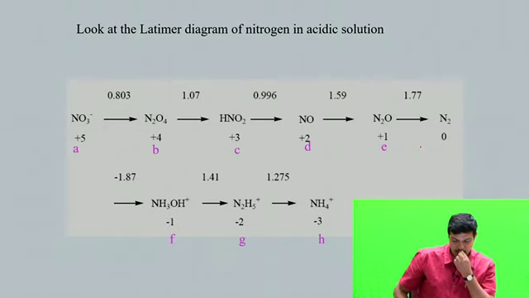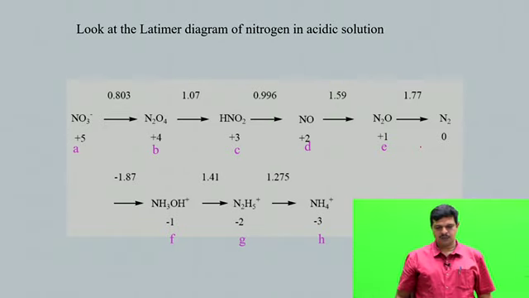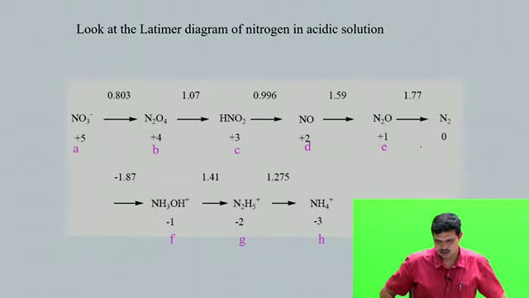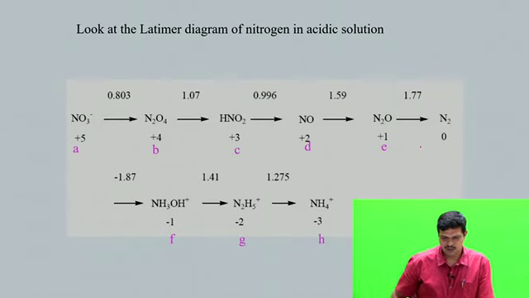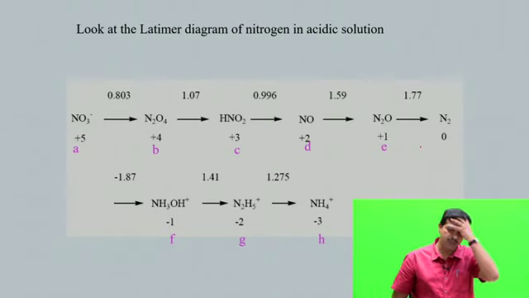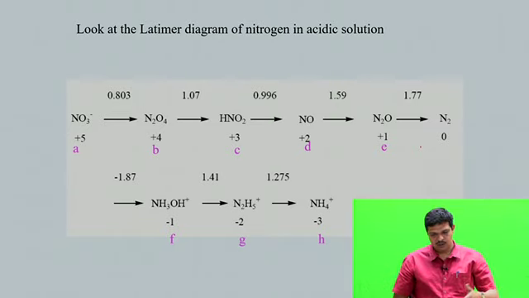You see this Latimer diagram, this is the nitrogen Latimer diagram in acidic medium. If I give a Latimer diagram and ask you to construct the Frost diagram, what will be your first step? The first step is to look at the Latimer diagram carefully and assign the oxidation states of the main atom, the atom on which the oxidation states are changing.